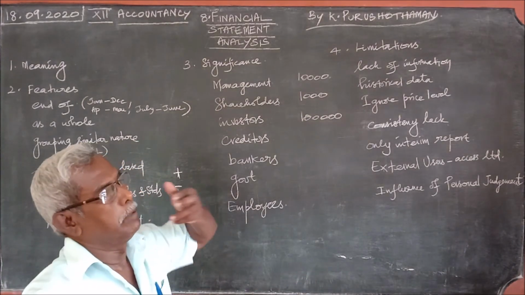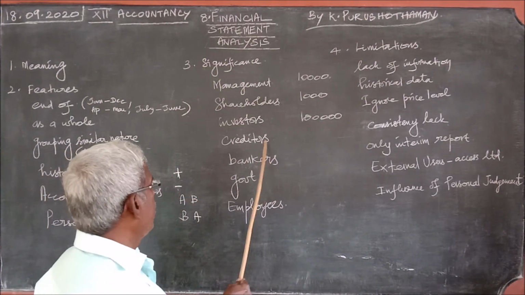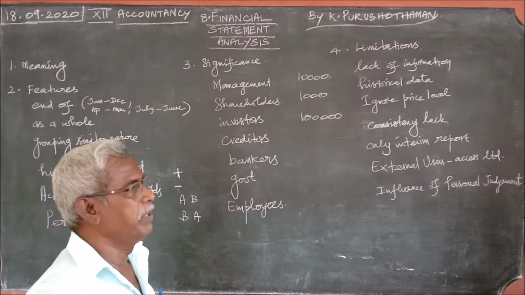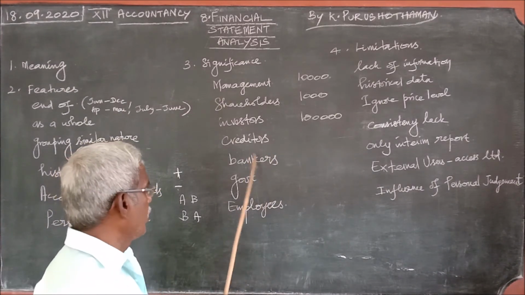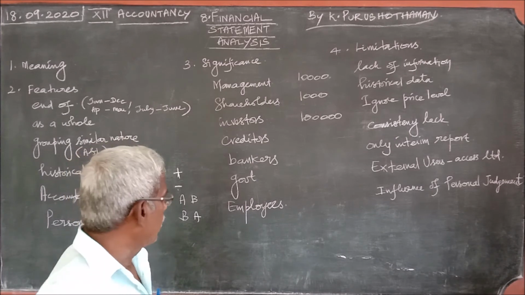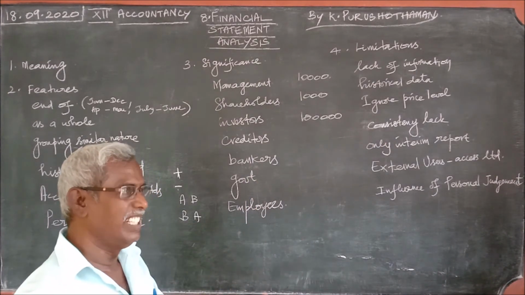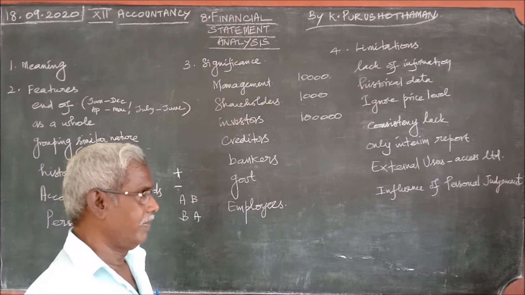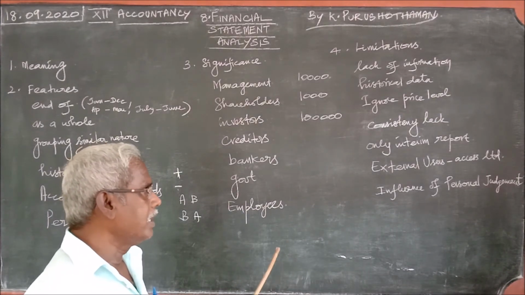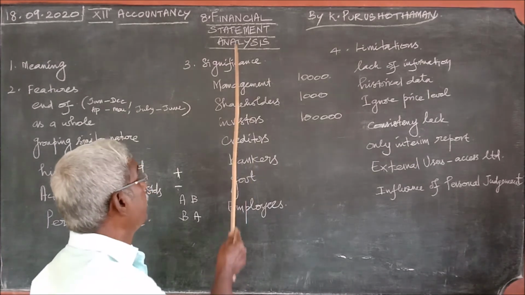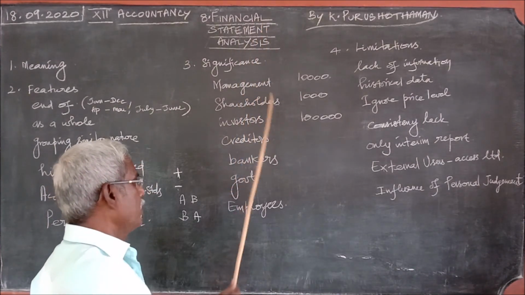They need the information. For the creditors and bankers, they need the information regarding the profitability of the business. For the government, they need the income of the business for levying the tax. So, for all these things, the financial statement is very much essential.